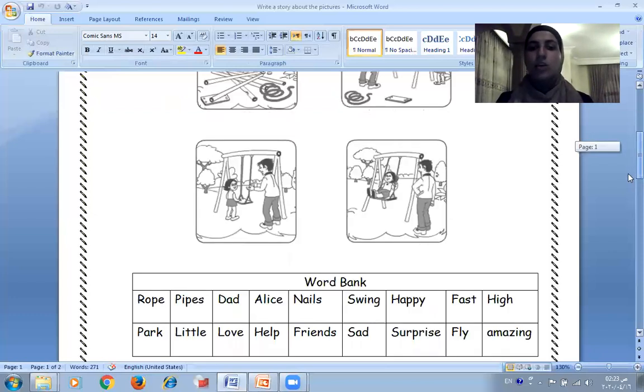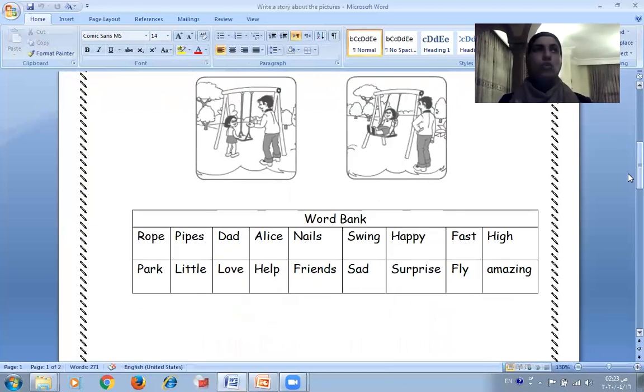I included some word bank. Now, you don't have to use all the words. You can use your own words, of course, but I included some words to help you write your own story, like rope, pipes, dad, Alice, nails, swing, happy.